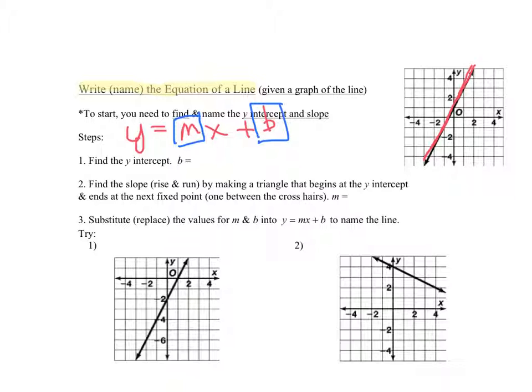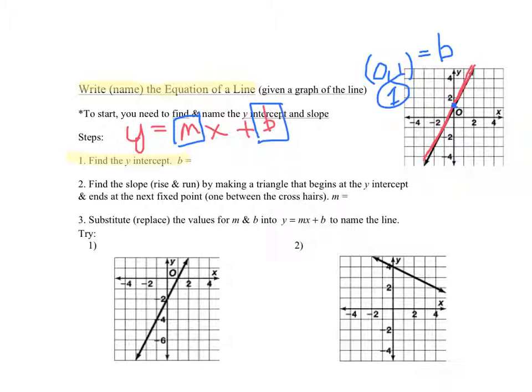We can start with finding the y-intercept, which is called b. To do that, we look at the graph to determine where our line crosses the y-axis, and it is right here. So I'm going to place a dot right here at the y-intercept, which is the point (0, 1), which equals b. We're actually only going to use the number 1 when we write the formula.